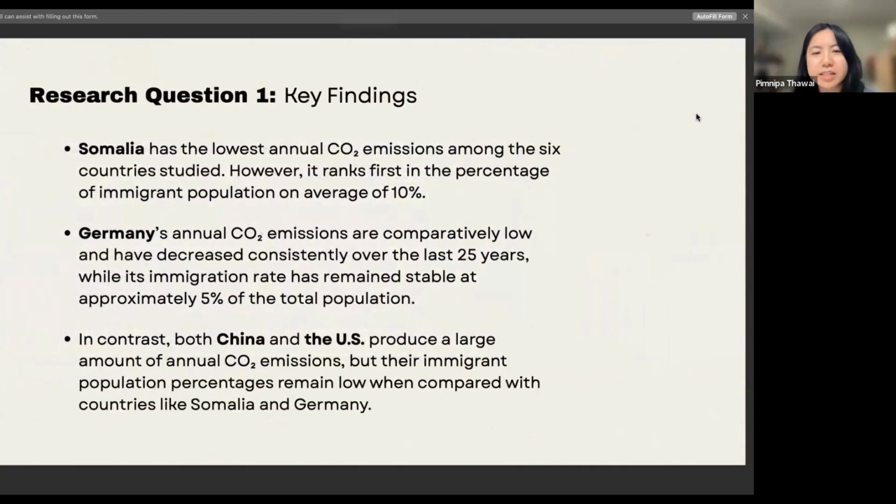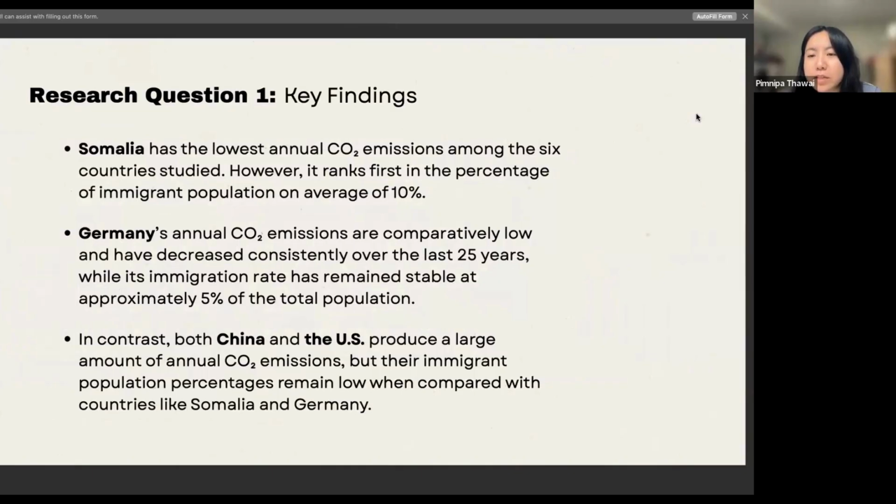From all the visualizations, we observed several key trends as shown on the slide. Somalia has the lowest annual CO2 emissions among the 6 countries studied. However, it ranks first in the percentage of immigrant population, on average 10%.